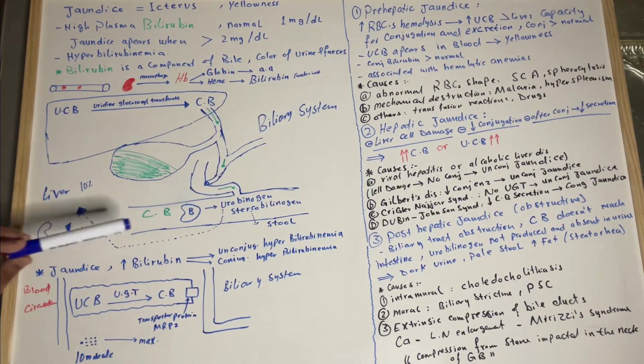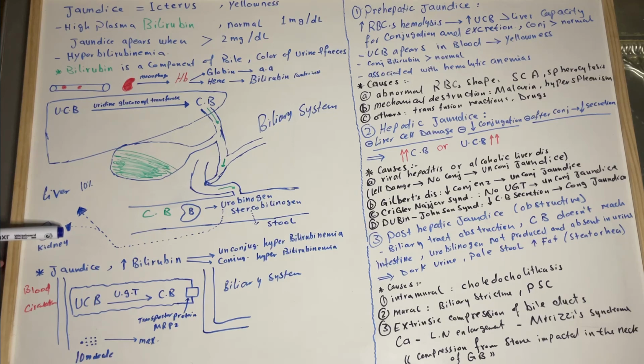About 10% of this urobilinogen is absorbed, but only some escapes into the circulation and is converted into urobilin, and in the kidney, it is secreted into urine and gives the urine its color.